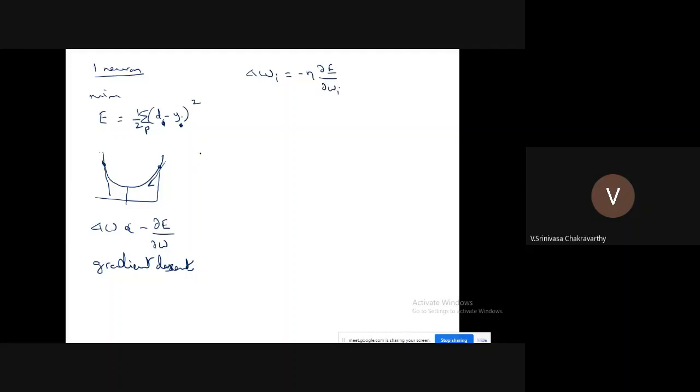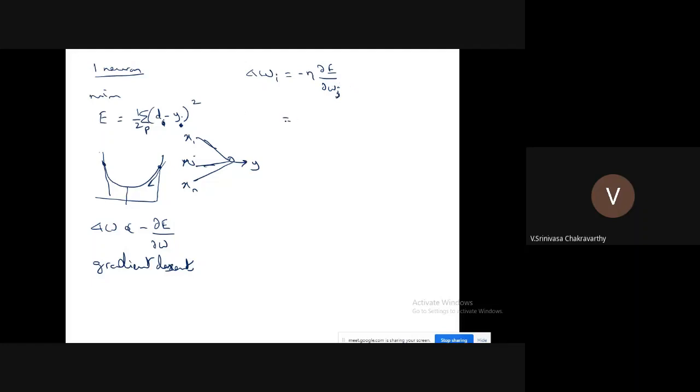So that means pictorially, I have only one neuron. Output is Y. Input is x1, xj, xn. And so how do we do that? Means we differentiate this quantity.